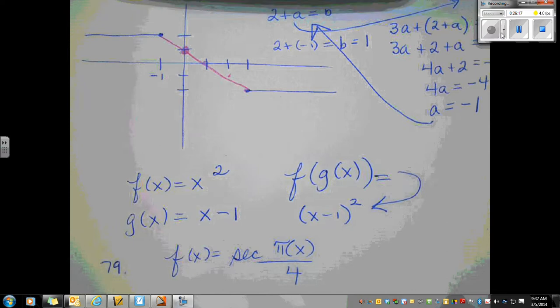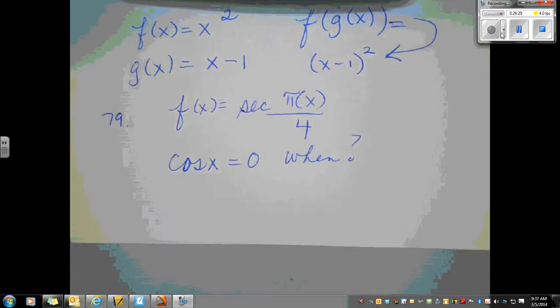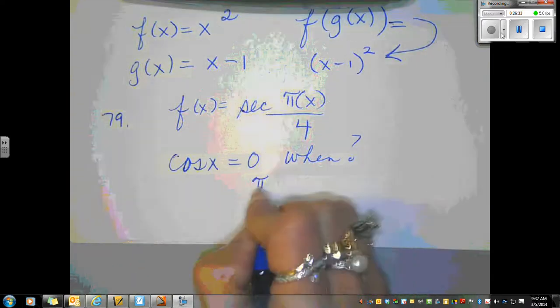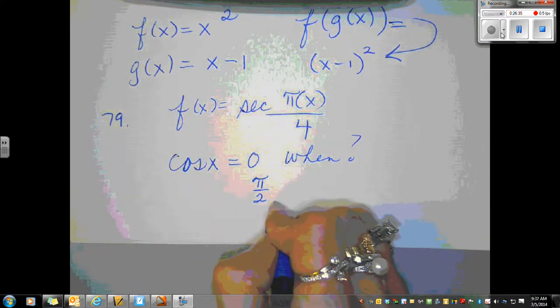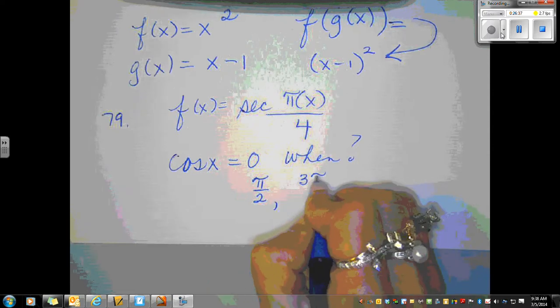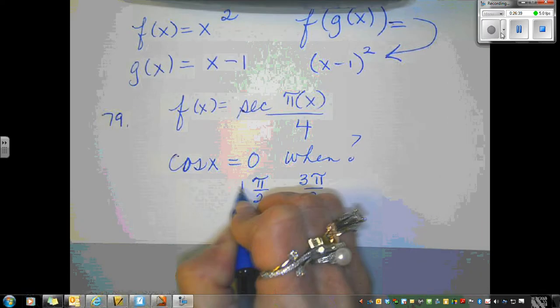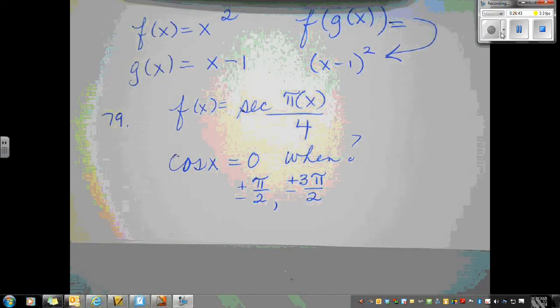Let's start with cosine. That might be easier. Cosine of x equals 0 when? Pi over 2, and where else? 3 pi over 2, and these would be plus and minus, right? And they keep going on and on, right?